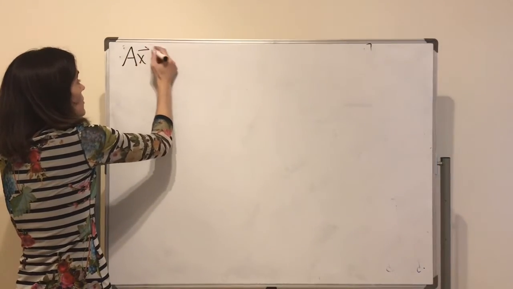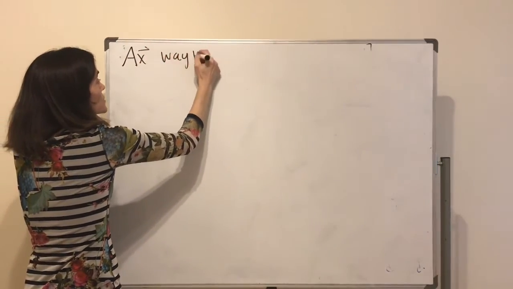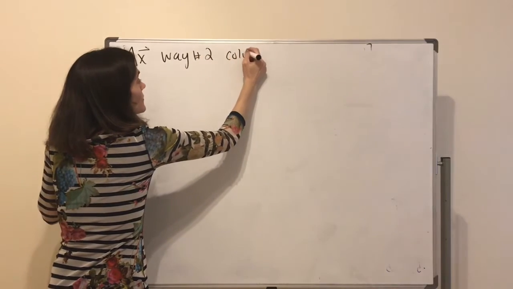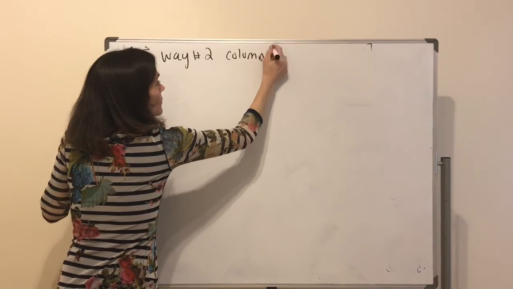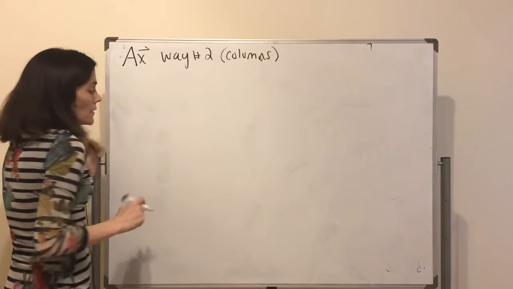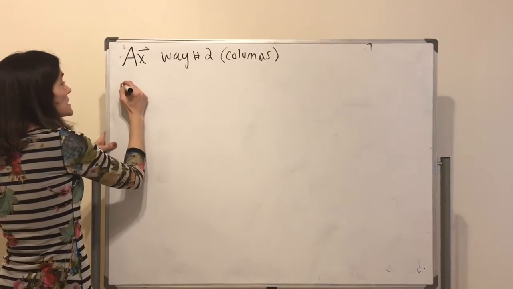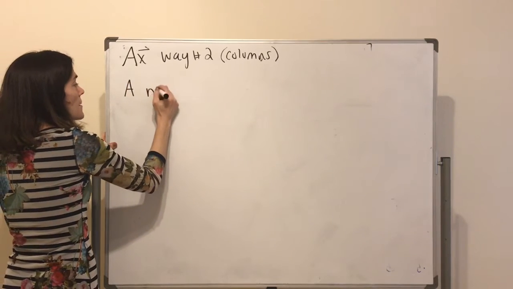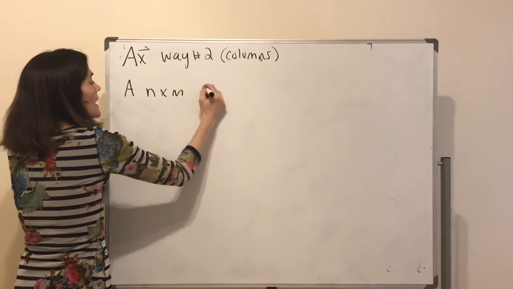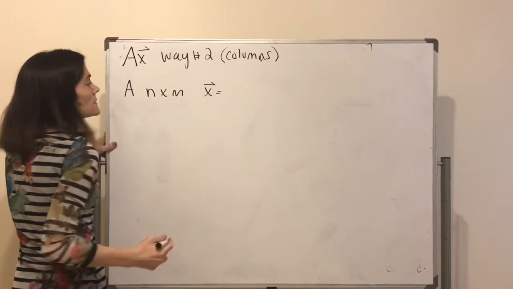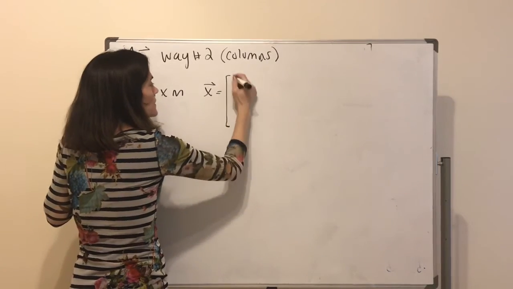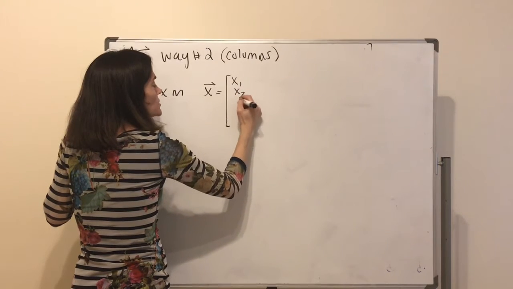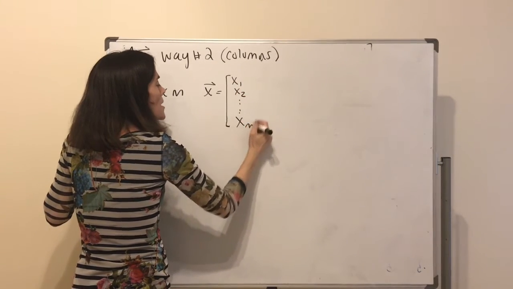AX way number 2, which is the column. We look at columns. Okay, well again, we will still have A is N by M, and X is, here I'm going to need some components. It's going to be X1, X2, out to XM.